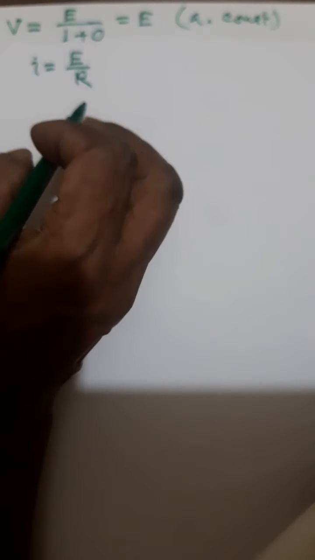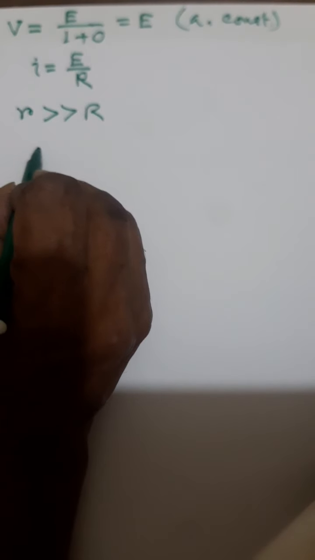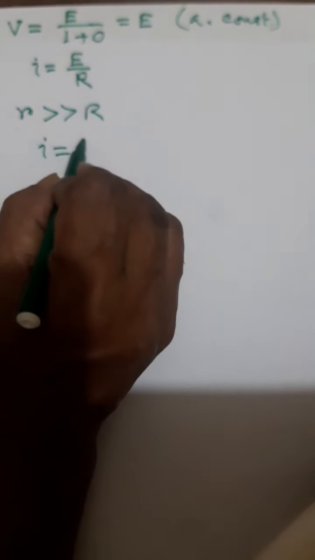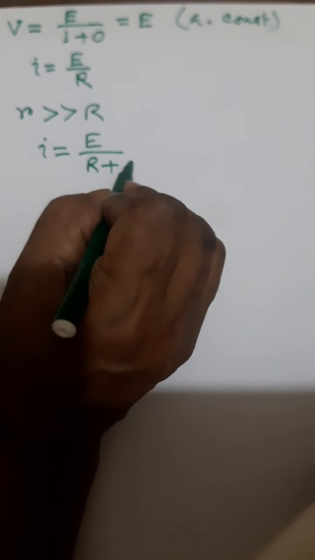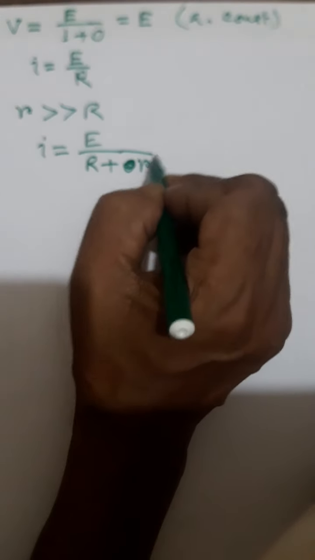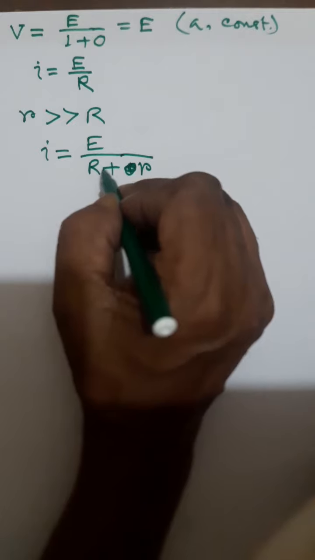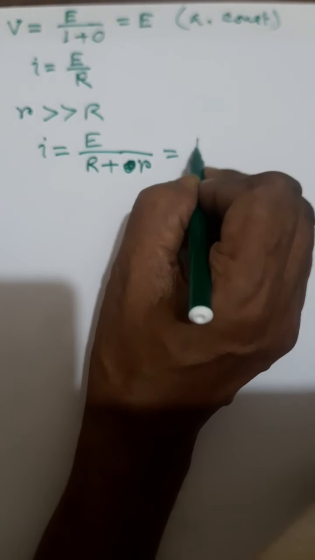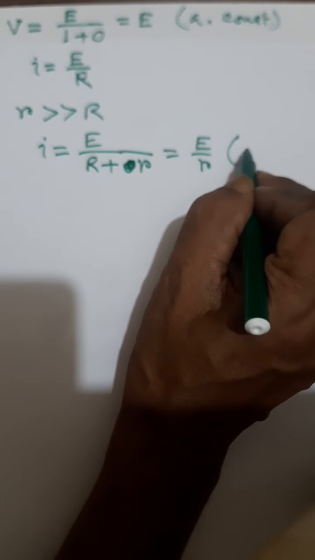If small r is very greater than capital R, then the current through the load I equal to E divided by capital R plus small r. Capital R can be ignored, that is E by small r, which is a constant.